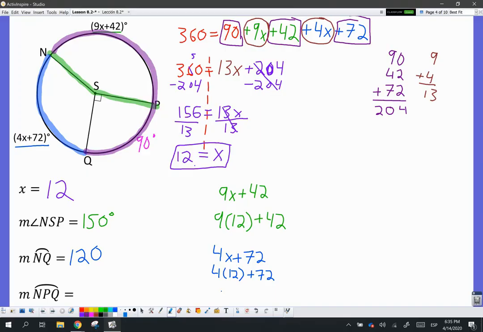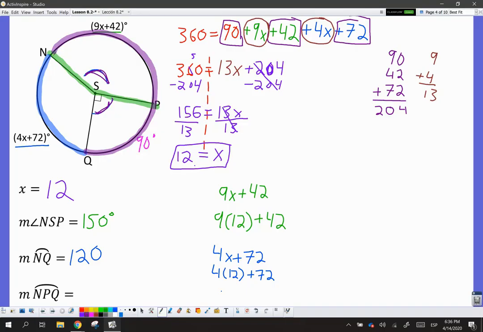Now, just like the last problem, there's two ways that I can do this. I can add this arc and this arc together to get that measure, or I can subtract this blue arc from 360 to get that measure. I think I'm going to add here, and it doesn't matter. Either one will get you the right answer.